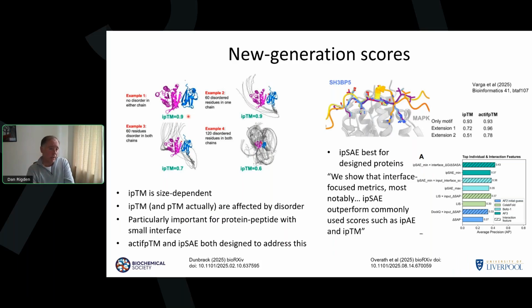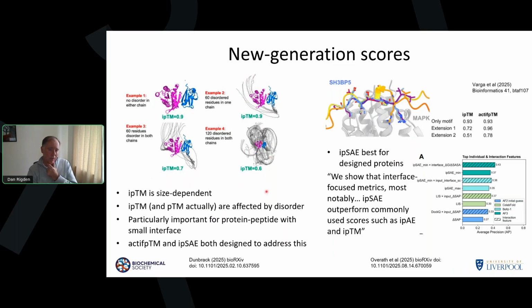The problem is that the score is influenced by the amount of disorder in your proteins. So here are two proteins interacting. This is a genuine interaction, very nice high score, everything looks great. If you add disordered tails on one or both of them, all of a sudden this IPTM is decreasing.